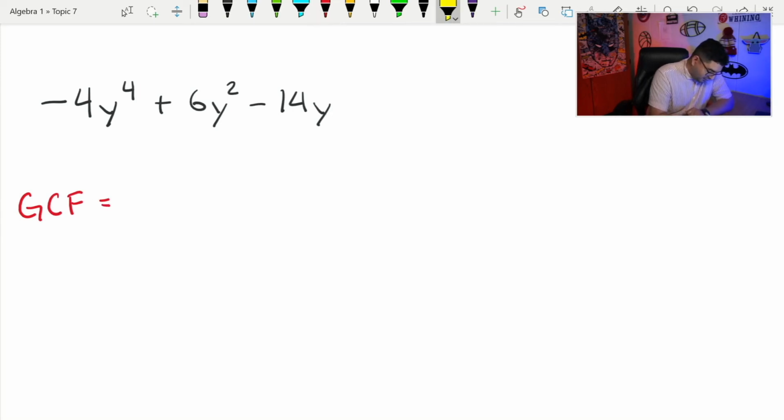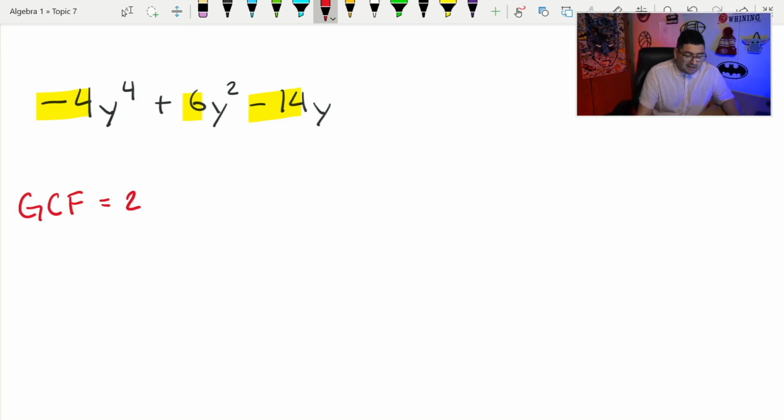So what number do negative 4, 6, and negative 14 have in common? What is the one thing that can go into all of these? You can work it out and you'll figure out that the biggest number that can go into all 3 of these is negative 2 or positive 2. Up to you. I'm going to go ahead and go with positive 2.